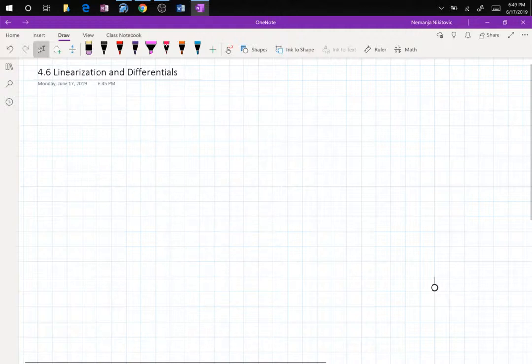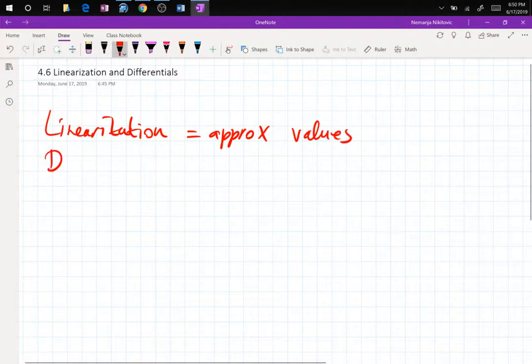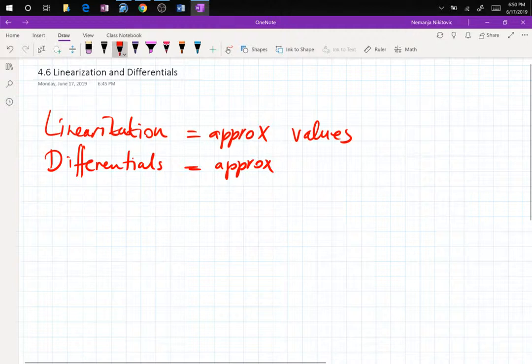It's a two-part lesson where we learn to approximate. Linearization approximates values, differentials approximate change.